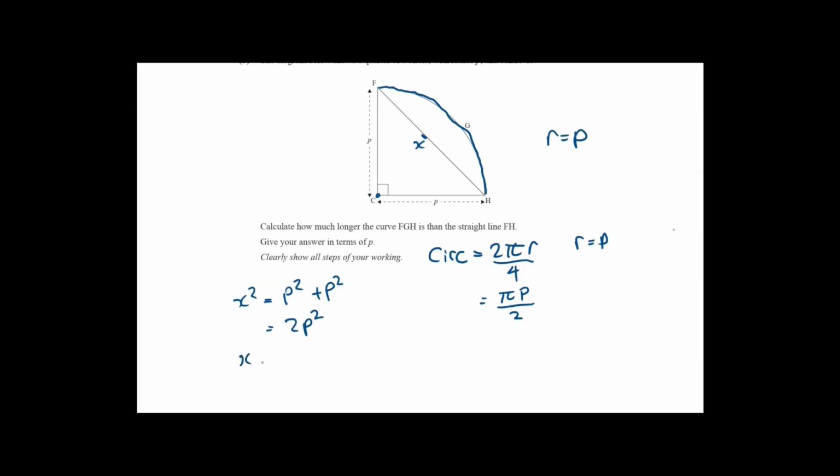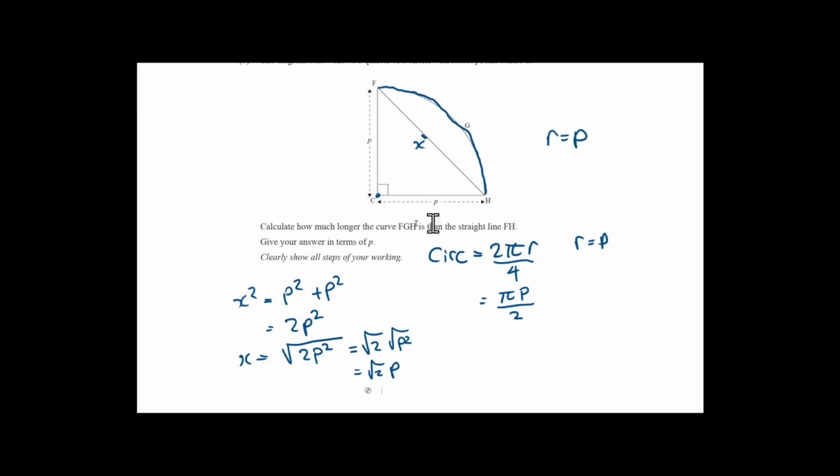So x here is going to be equal to the square root of 2p squared. Let me have a think about that. Yes, okay, if we separate those out, that's going to be equal to square root of 2, and then square root of p squared, which is p.